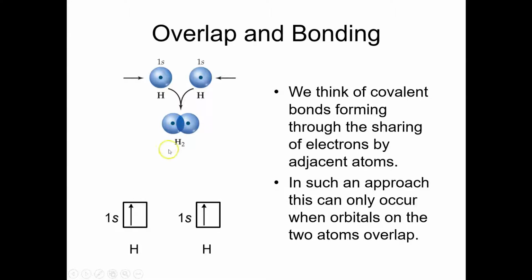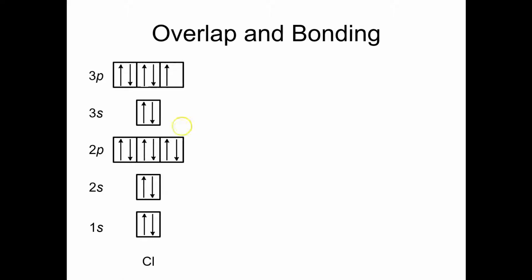And we can think about this in terms of one hydrogen atom having a 1s orbital that's only half occupied, and the other hydrogen atom having a 1s orbital that's only half occupied. In that case, two half-occupied orbitals can overlap, and that will give us a shared electron pair.